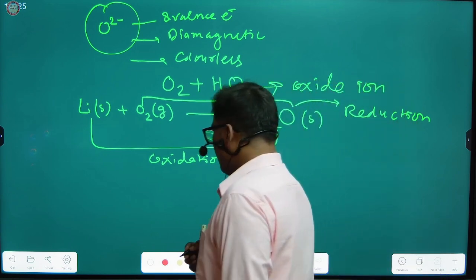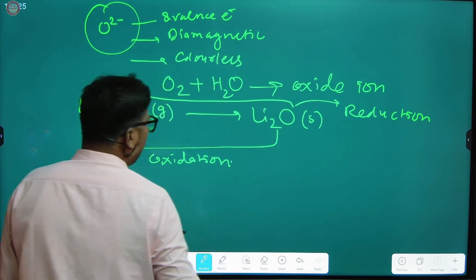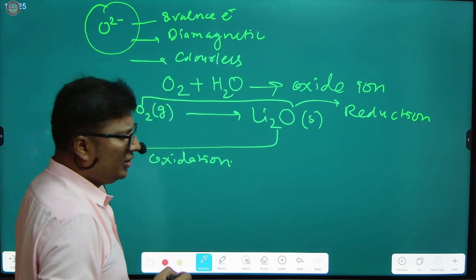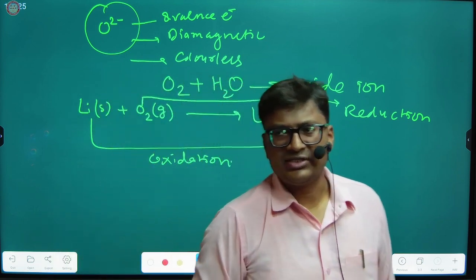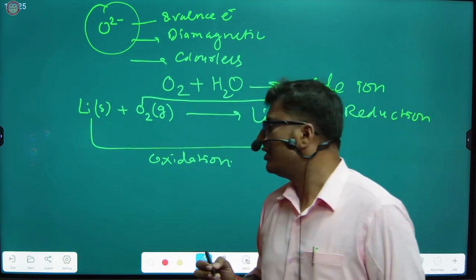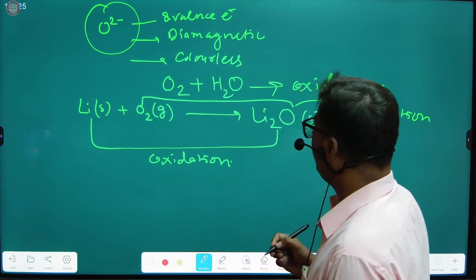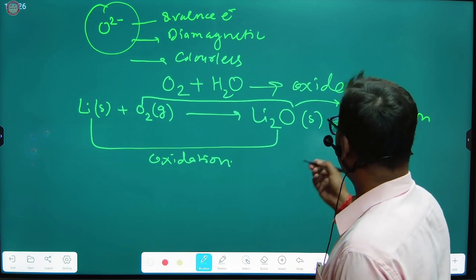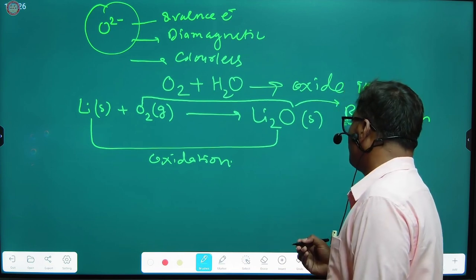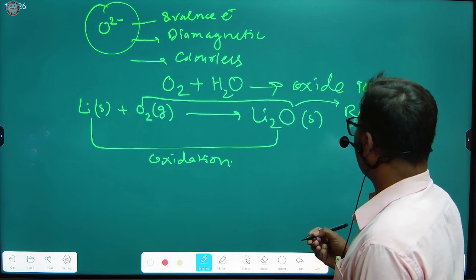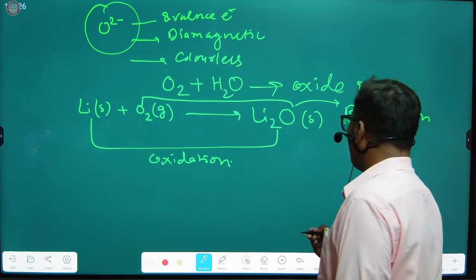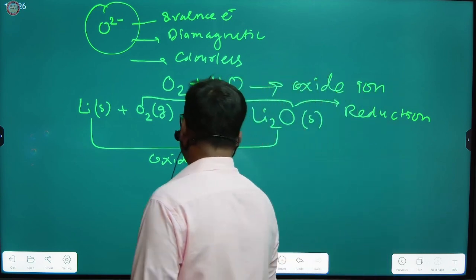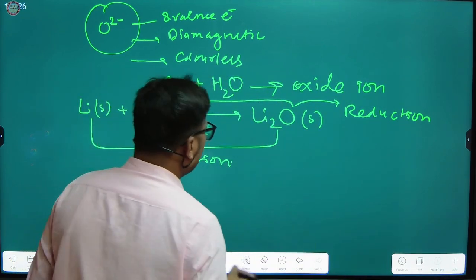In another fashion, it can be prepared through the reaction of alkali metals in liquid ammonia, right? And through bubbling of air from the atmosphere, we can get lithium monoxide, and sodium peroxide and potassium superoxide, depending on the concentration of the oxygen, right?